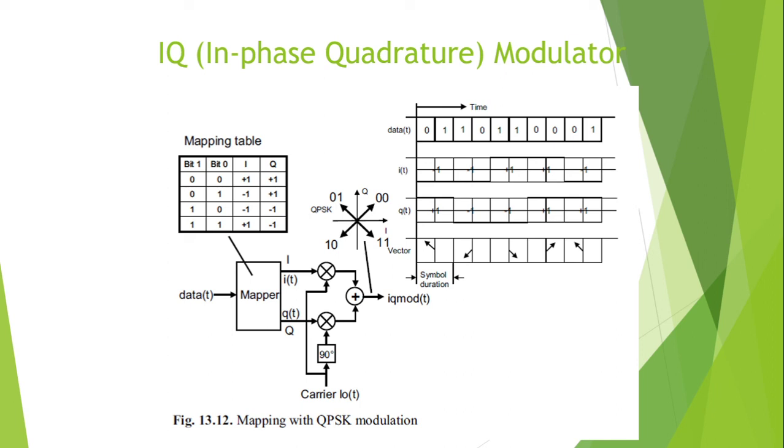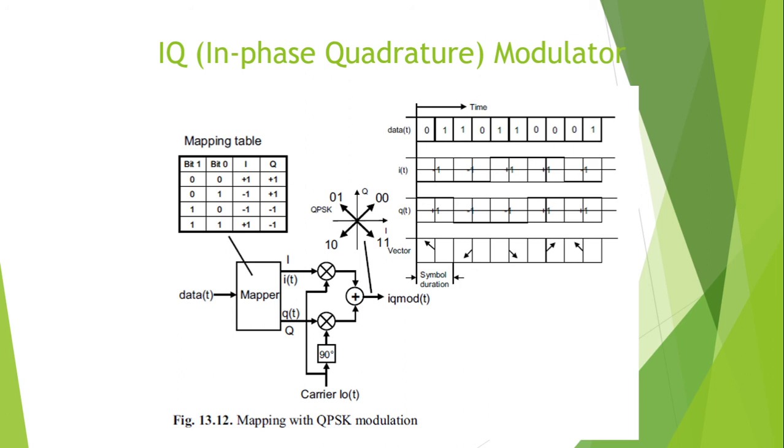Figure number 12 also shows that in this case the data rate is halved after the mapper. QPSK can transmit 2 bits per state. 2 bits each are combined to form a dibit that determines the state of the mapper output signals I of t and Q of t.